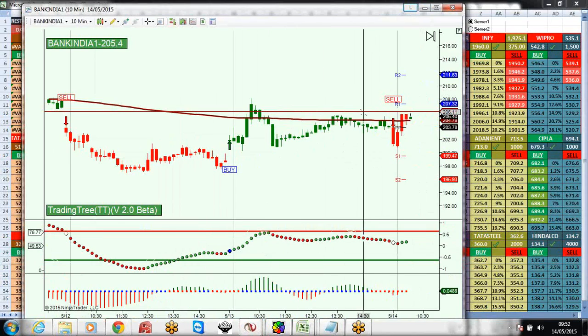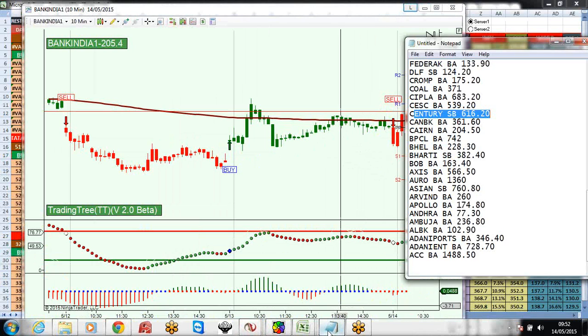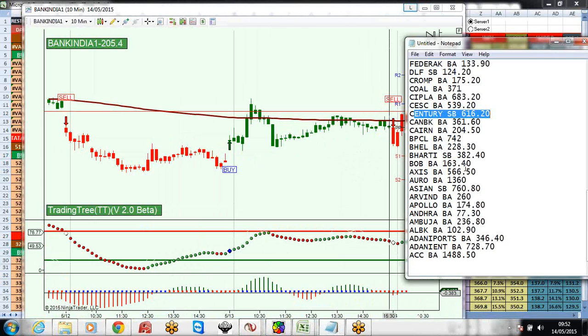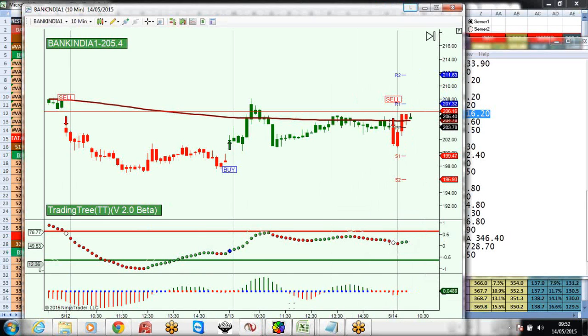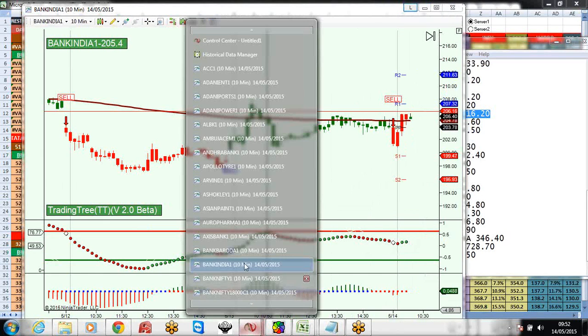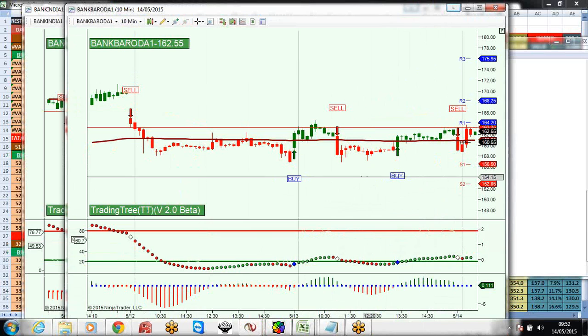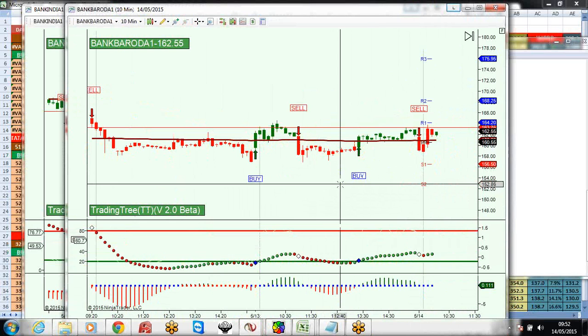You should be getting a buy call in Bank of India. Otherwise, same thing with Bank of Baroda.